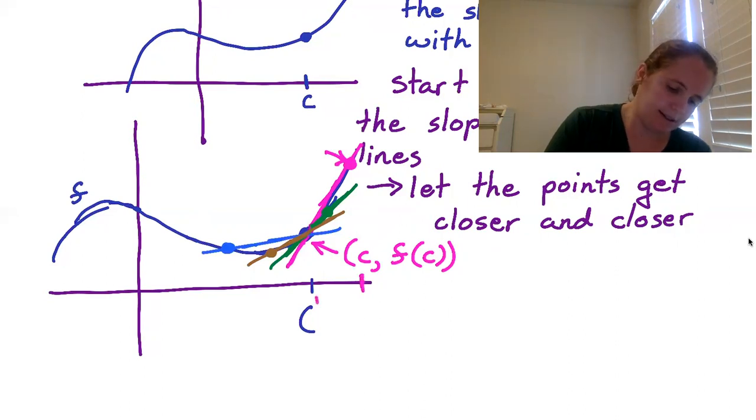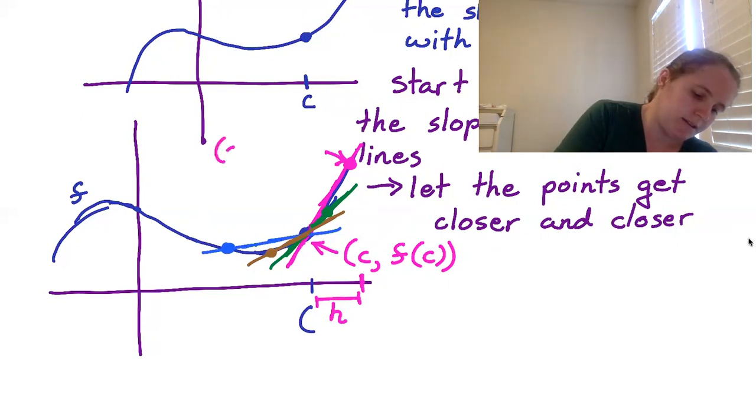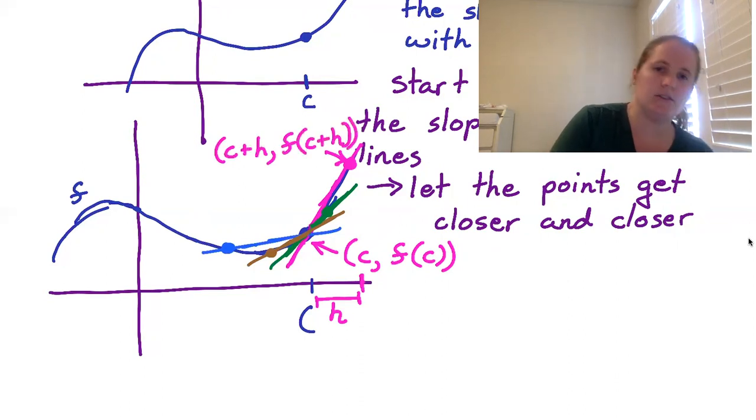We're going to say that this distance is h. So this point would fall at C plus h, and then f of C plus h.